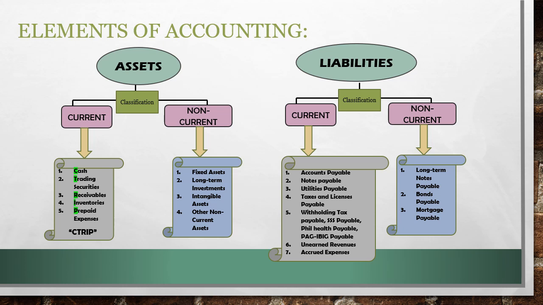Examples of current liabilities are accounts payable, notes payable, utilities payable, taxes and licenses payable, the other government mandated payables like withholding, SSS, PhilHealth, and Pag-ibig. And then we have also unearned revenues and accrued expenses payable.